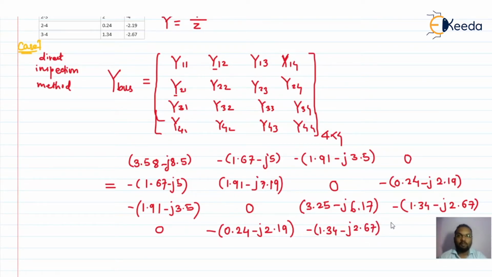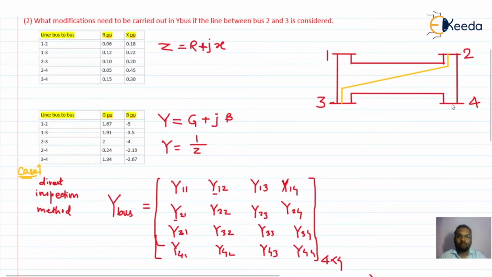Now Y44 will be the addition of the admittances connected between bus 3 and 4 and between 2 and 4. First consider between 2 and 4, it is 0.24 minus 2.19j, plus between 3 and 4, it is 1.34 minus 2.67j.